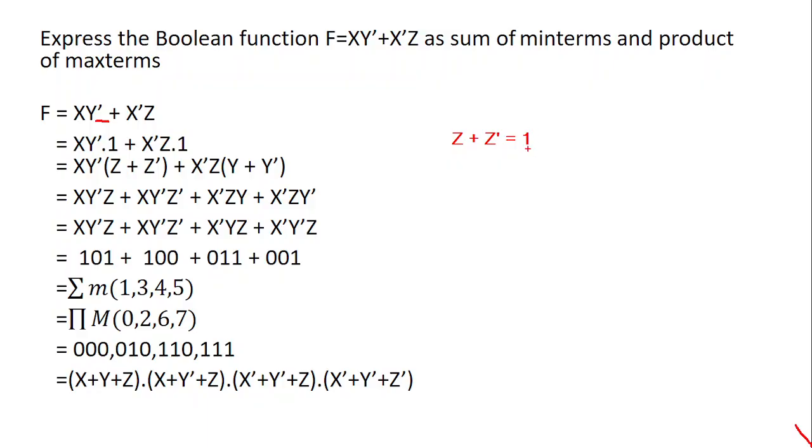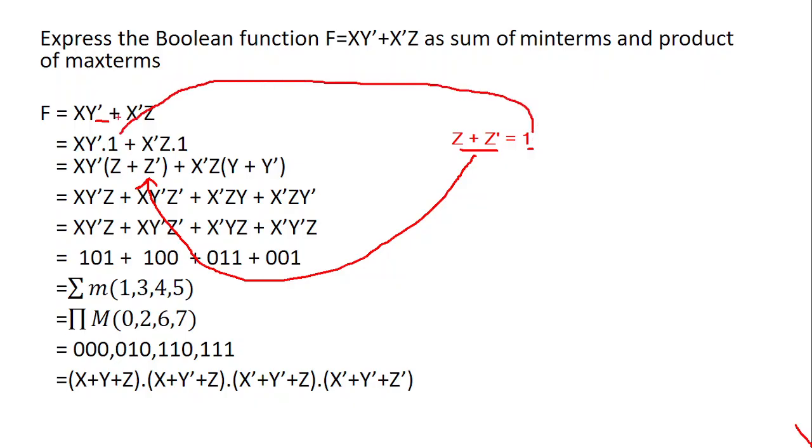So instead of this 1 that I added, remember this equation has not changed, I replace that 1 with z plus z bar. What is z plus z bar? It is equal to 1. So it is same as 1.